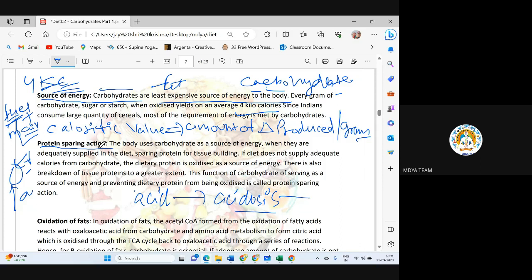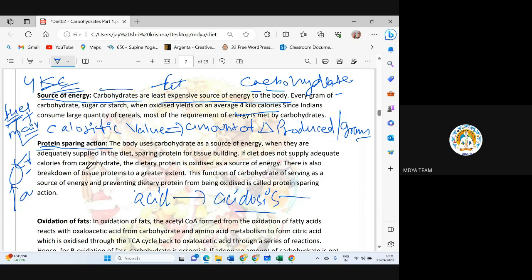The second consequence would be: from where does this protein come? If we are not having carbohydrate in our diet, that means we are also not having protein in our diet. So from where will the body get this protein? If we are not having proper carbohydrate, then the body has to use protein for fuel production.